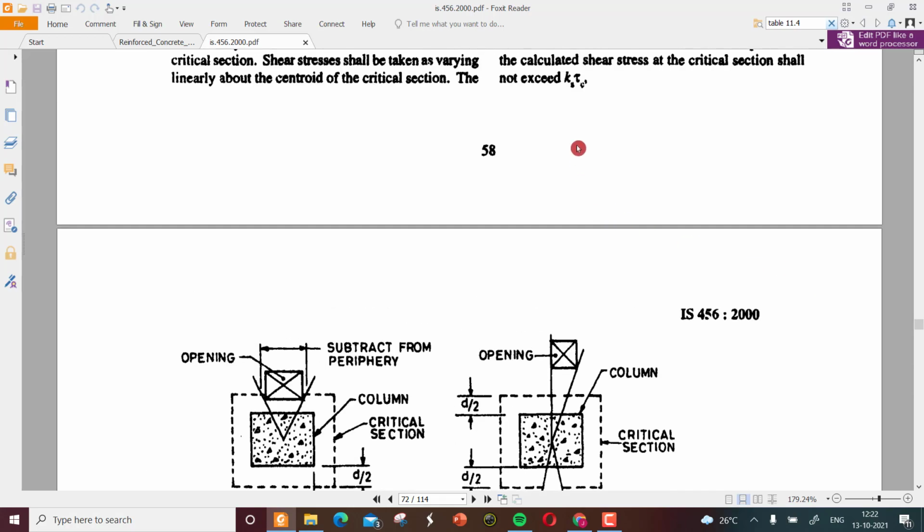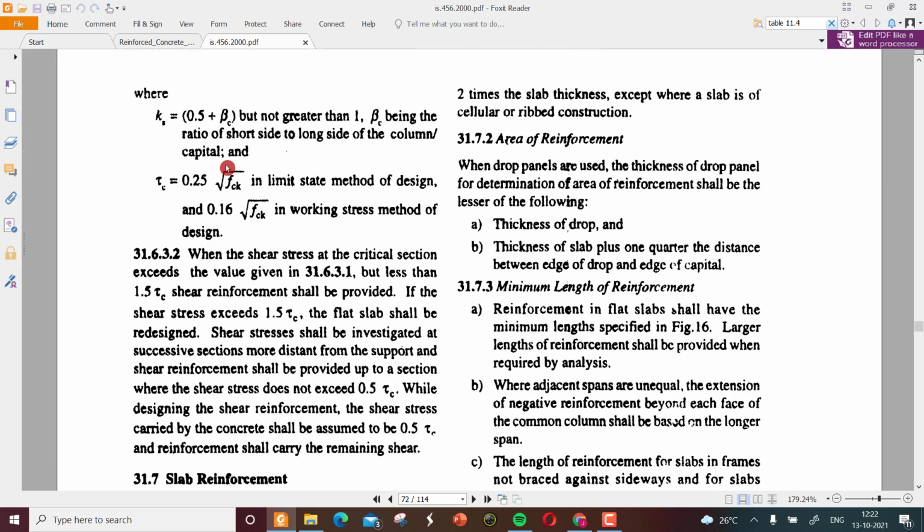In this case, the modification factor is given by 0.5 plus beta c, but not greater than 1, beta c being the ratio of short side to long side of the column capital, and tau c is equal to 0.25 root of fck in limit state method of design.